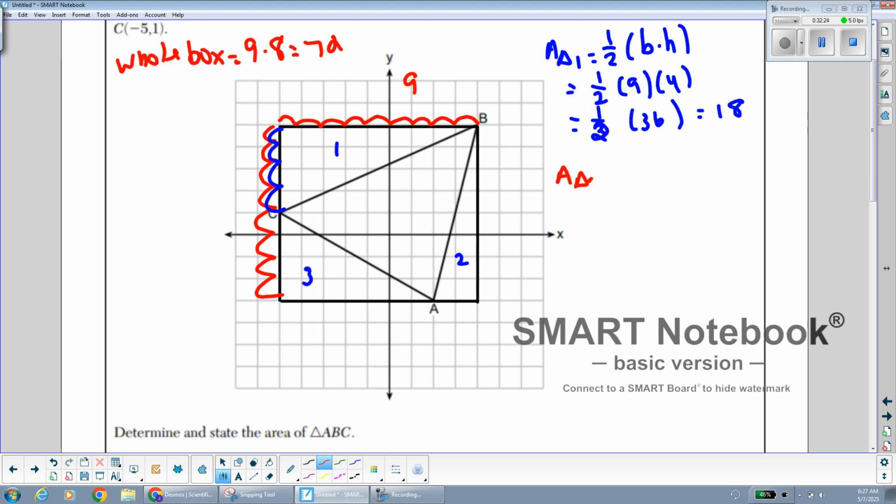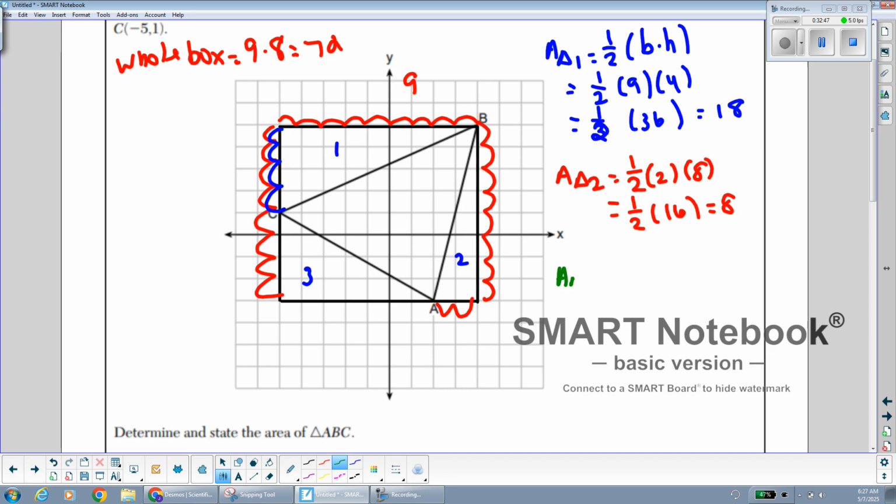Next, we have the area of triangle 2, which is once again 1/2 base times height. Base is 2. Height is 1, 2, 3, 4, 5, 6, 7, 8. So that is half of 16, which is 8.